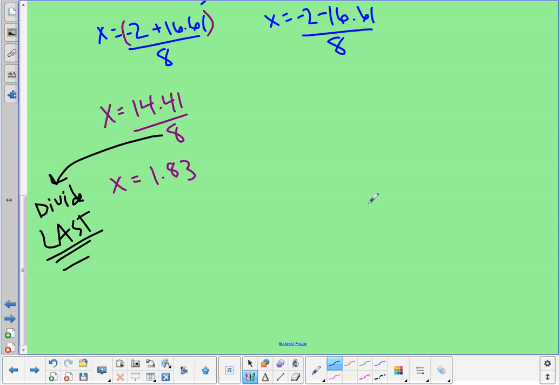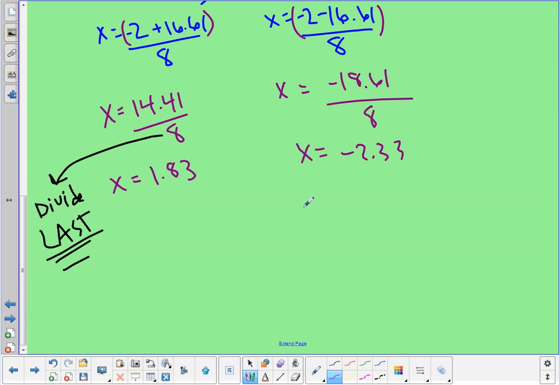Over on the right-hand side, I have negative 2 minus 16.61. That's a negative 18.61. And then divided by 8. And when I take negative 18.61 divided by 8, I get negative 2.33.